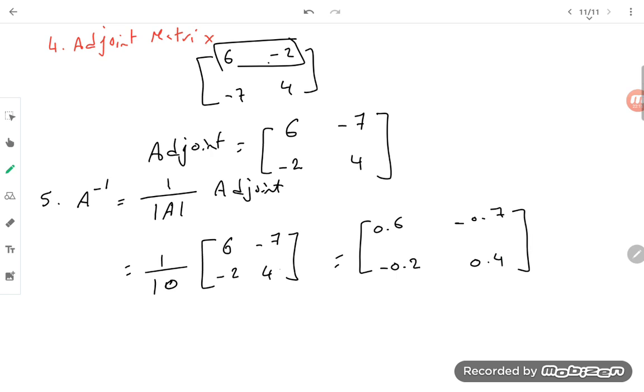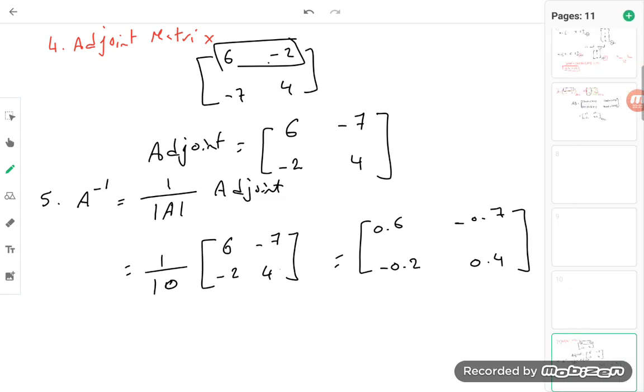If you would like to check or make sure that we have calculated correctly, we can multiply the original matrix, which was 4, 2, 7, and 6, multiplied by the inverse, which was 0.6, -0.7, -0.2, and 0.4.